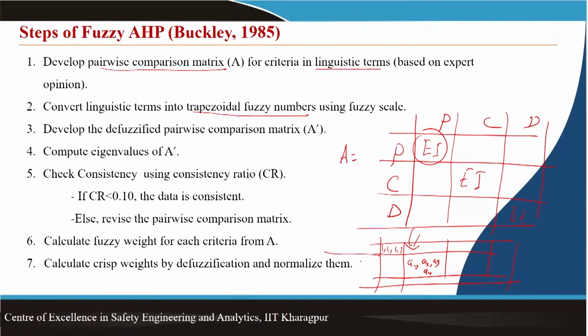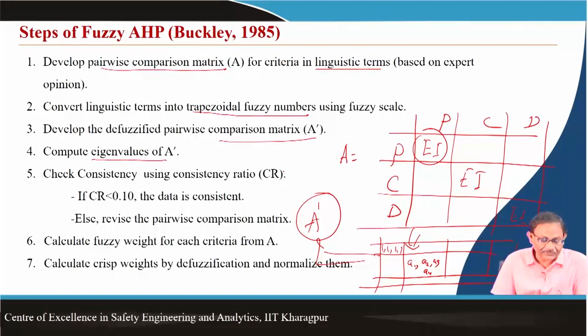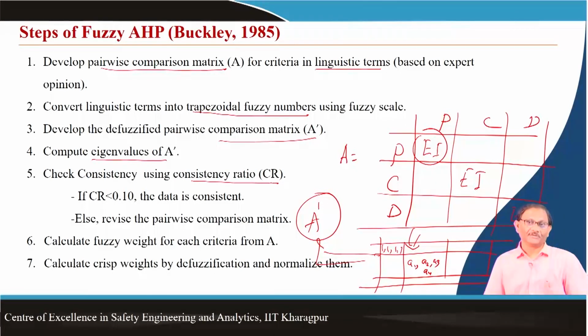Once you defuzzify it, you create another matrix, suppose A dash, which is the defuzzified matrix. Then you compute the eigenvalue of it. I will show you how to compute the eigenvalue. With the defuzzified pairwise comparison matrix, once you compute the eigenvalues, using them you will be able to compute the consistency ratio, because you are considering experts' opinion.